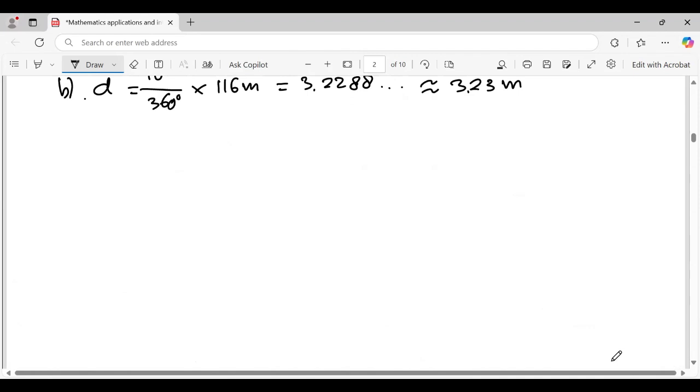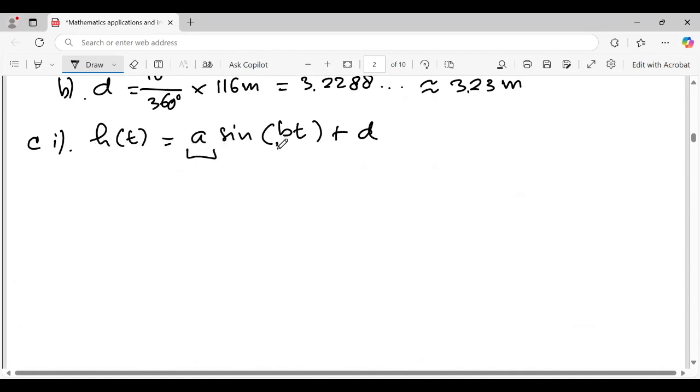Okay. Part 1. The general form of the sinusoidal function h(t) equals a sine(bt) plus d. So we need to find a, b, and d. And it has a period. The period is P equals 2 pi over b.